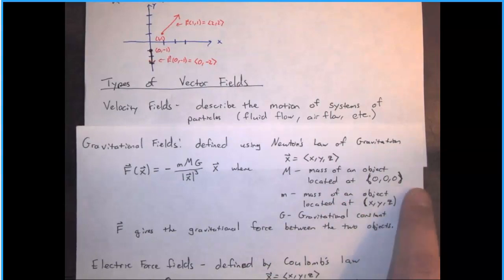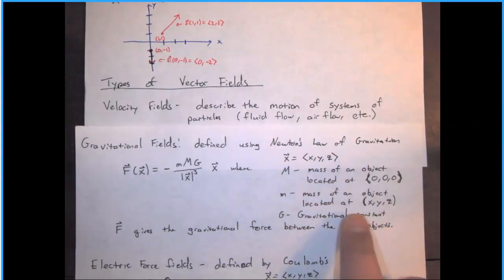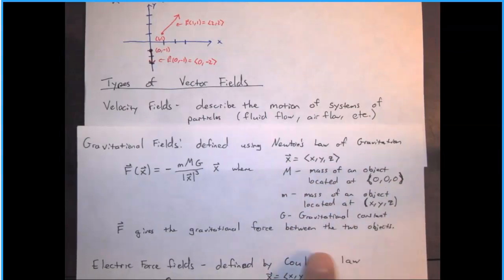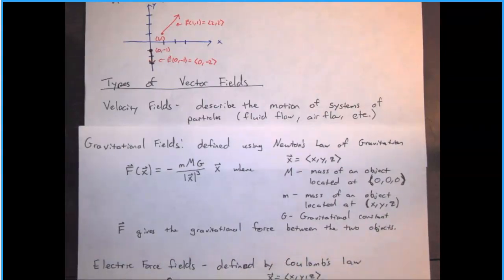Capital M is the mass of an object located at the origin, 0, 0, 0. Lowercase m is the mass of an object located at x, y, z. So that's your input vector, pointing to where this other object is located. G is some gravitational constant, and the output tells you the gravitational force between the two objects.